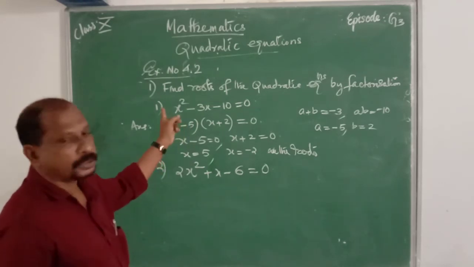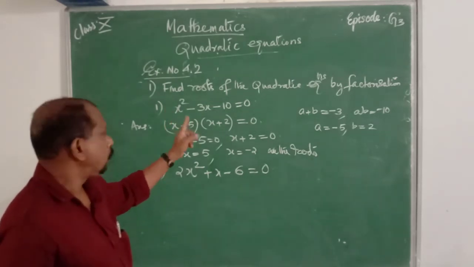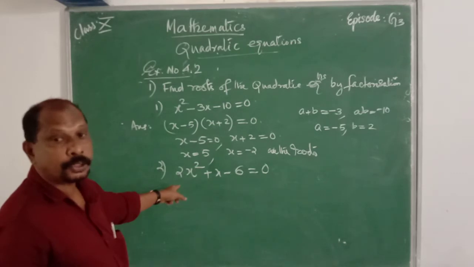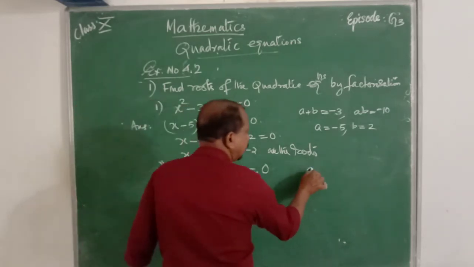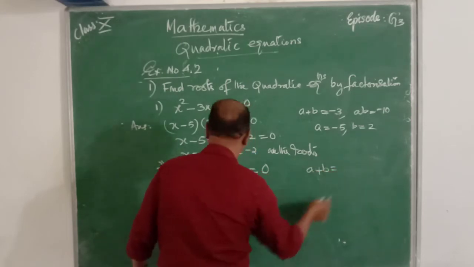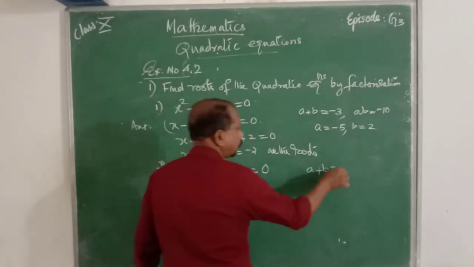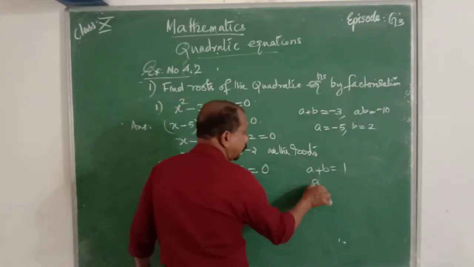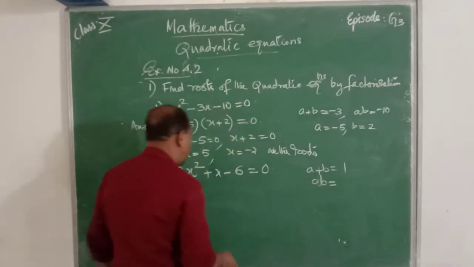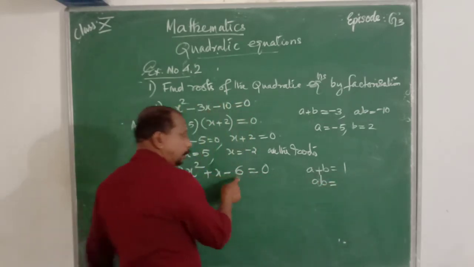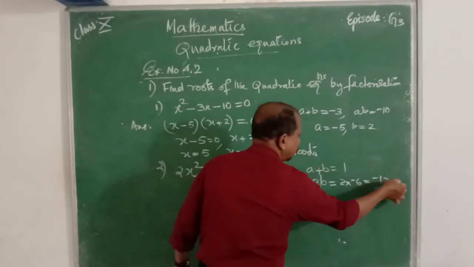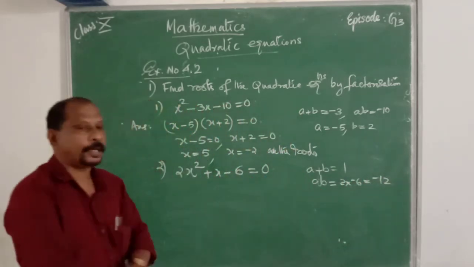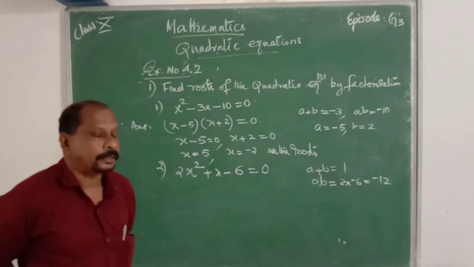In the first question, the coefficient of x square is equal to 1, but in the second question, the coefficient of x square is not equal to 1. Therefore, a plus b is the coefficient of x, that is 1. A into b is the product of 2 and minus 6, that is minus 12. Therefore, product is minus 12 and sum is 1.